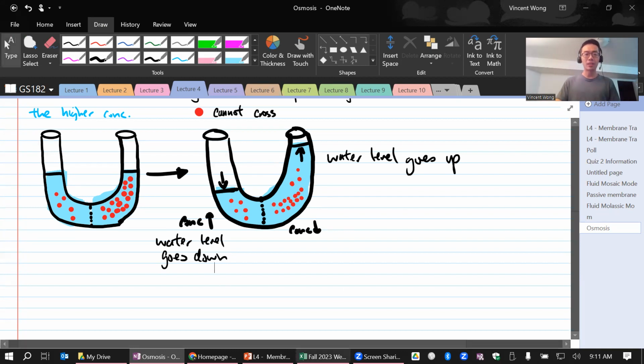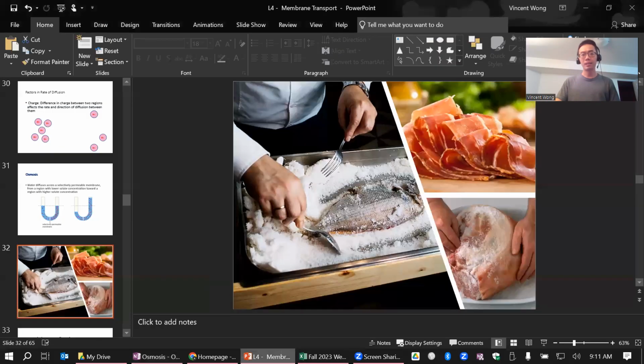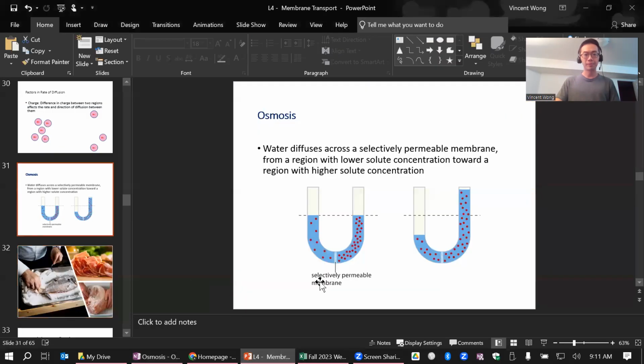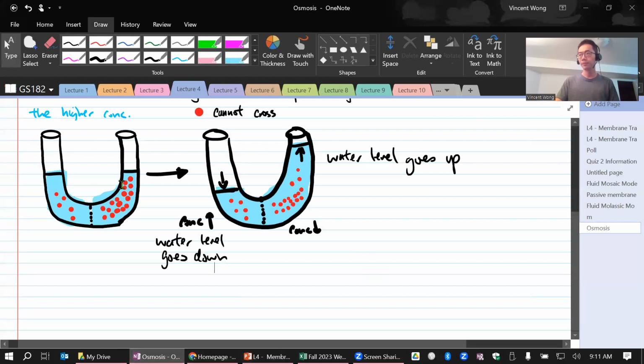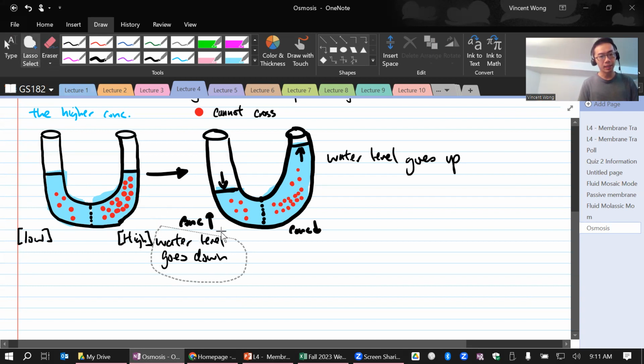Okay, let's take a look at the one in the PowerPoint. In this particular picture, it's low concentration on the left and high concentration on the right. The water is going to the right. After that, the concentration would be the same.